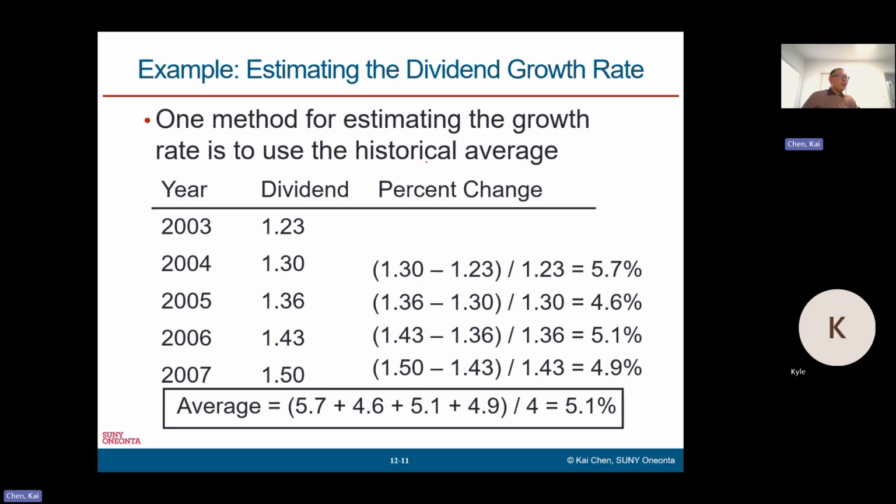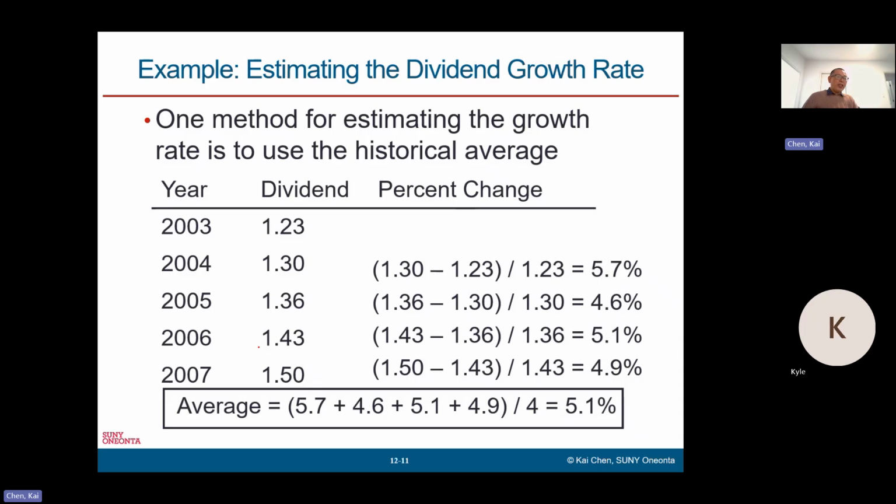One method for estimating the dividend growth rate is to use the historical average. For example, for one stock, I have observed 5 consecutive years from 2003 to 2007.